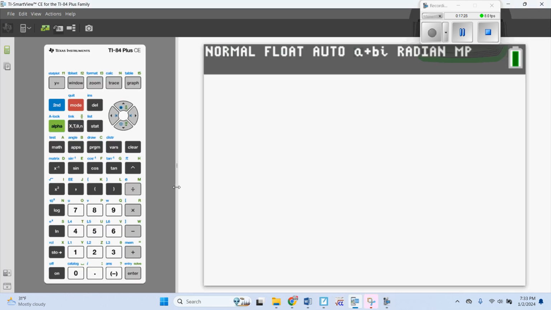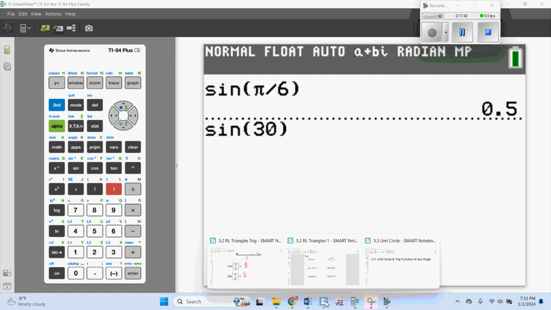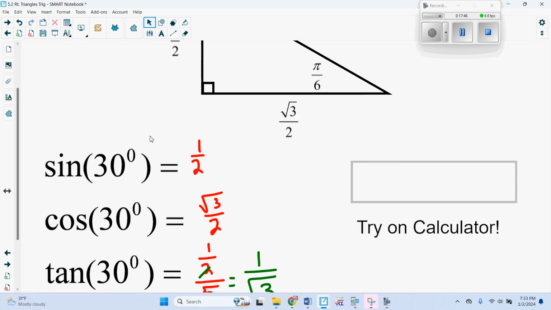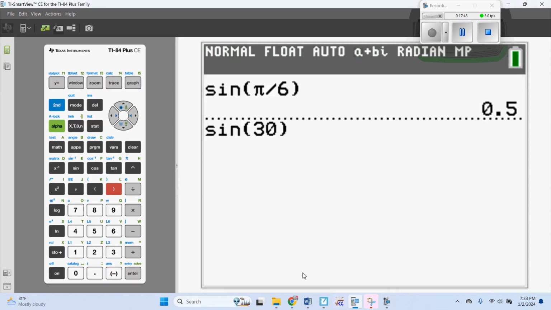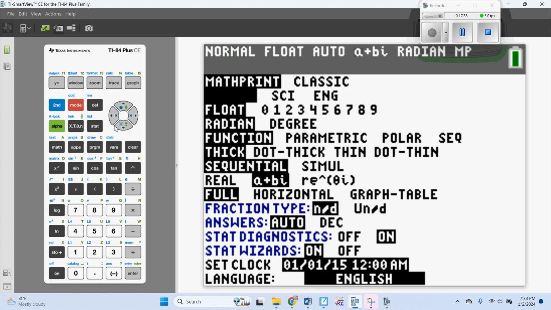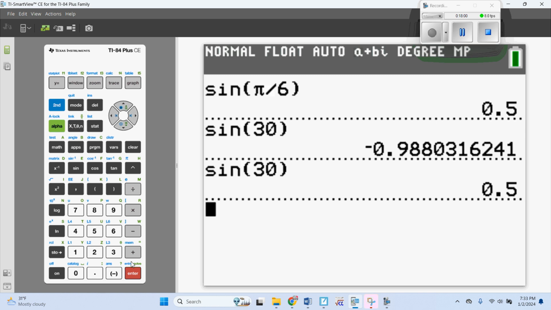We are in radians, so we need to do radians, pi divided by 6, and we get 1/2. Now, if I do the sine of 30, that also should be 1/2. But because my calculator is in radian mode, I don't get that. If I change my calculator to degree mode, now I get the right answer.